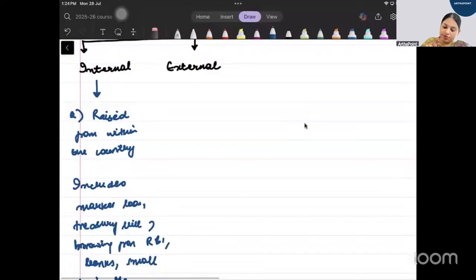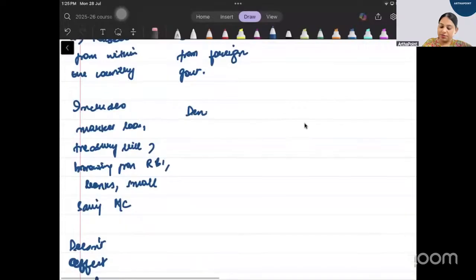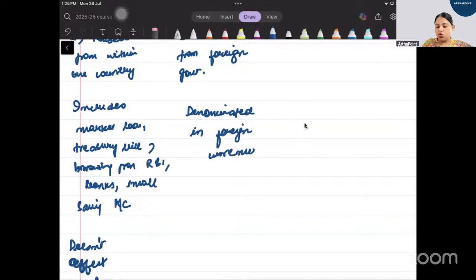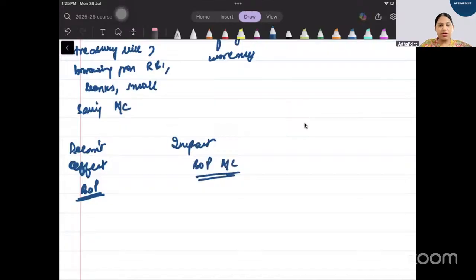Let's talk about external debt. It is borrowed from foreign governments and institutions like the World Bank, IMF, etc. It is denominated in foreign currency like dollars, euros, and it does impact the balance of payment account.